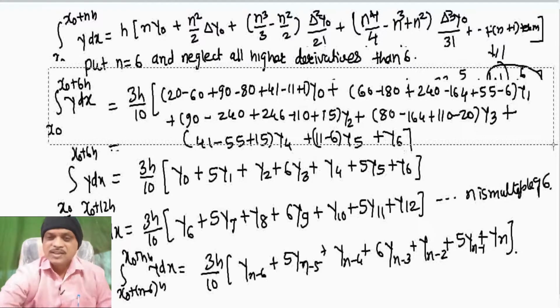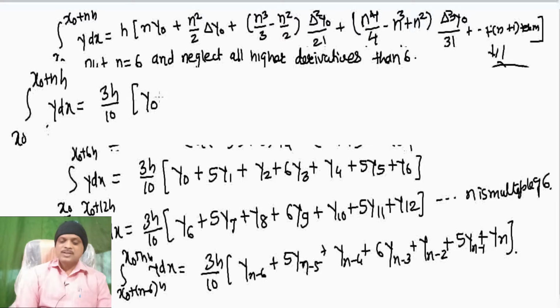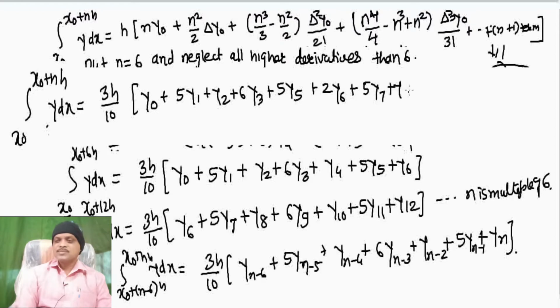If we add all these integrations, then the integration from x0 to x0 plus nh of y dx will be 3h divided by 10 as a common factor, and we have y0 plus 5 into y1 plus y2 plus 6 into y3 plus 5 into y5 plus 2 into y6 plus 5 into y7 plus y8 plus like this.